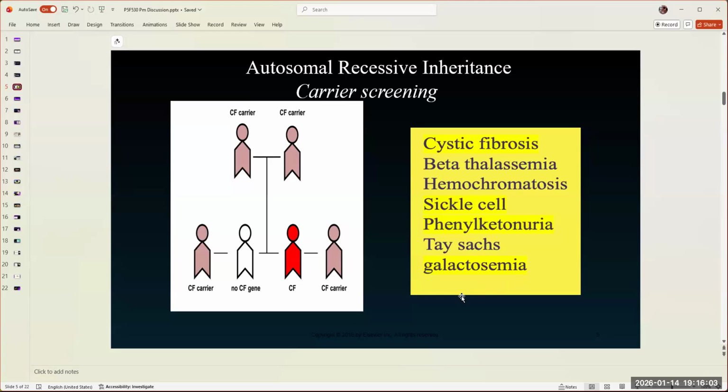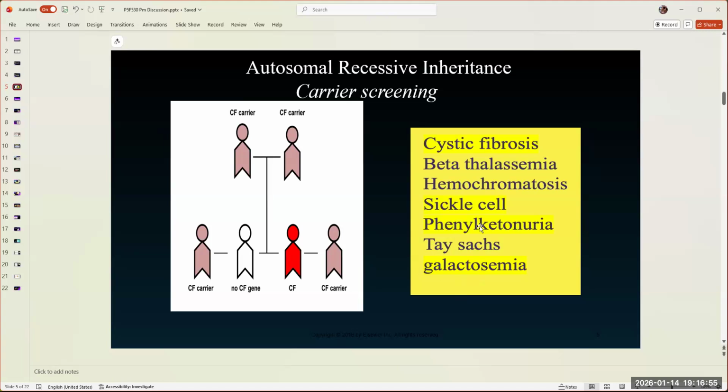It takes certain proteins and enzymes to break down certain foods, and we call them errors of metabolism. Galactose is a sugar in milk, and a baby that has galactosemia doesn't have the right enzyme to digest galactose, so they can't breastfeed. They have to have milk without galactose.